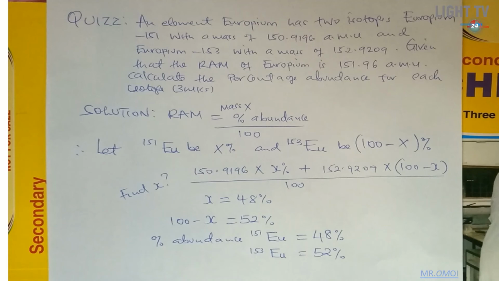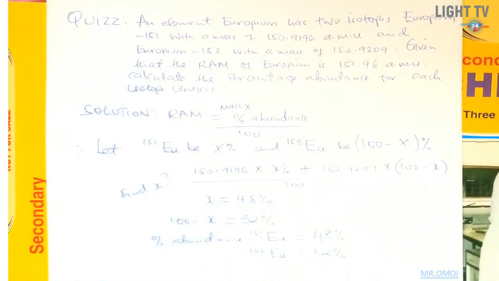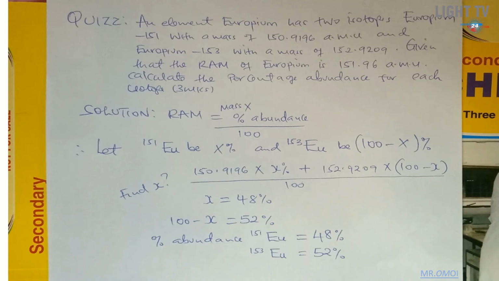Now if that is the case, 150.916 times X plus 152.9209 times 100 minus X divided by 100. That is the expression. Now I have used X. I have said let the percentage abundancy for europium 151 be X percent.